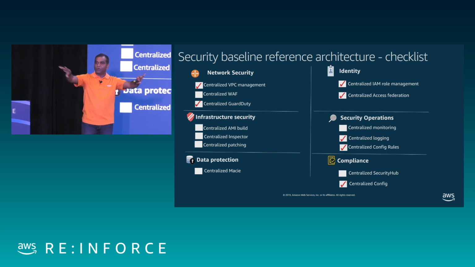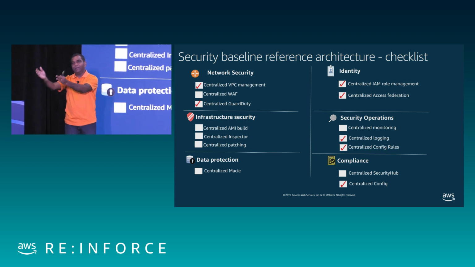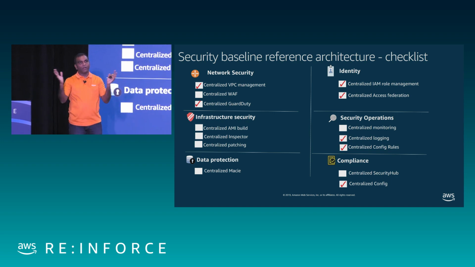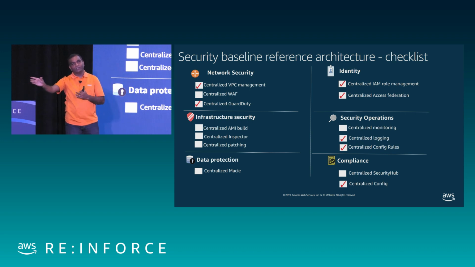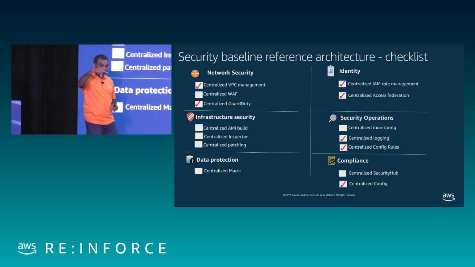You don't have to create these IAM roles independently and then go out of balance, wondering, for this role I have this policy here, is it the same policy there? You don't have to worry about all that, because you are managing everything from one place. That's what the landing zone is checking off.